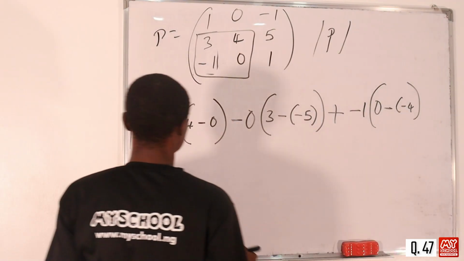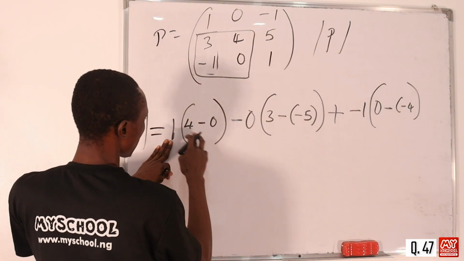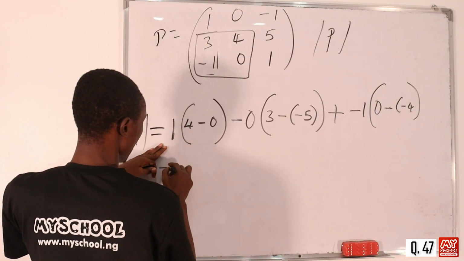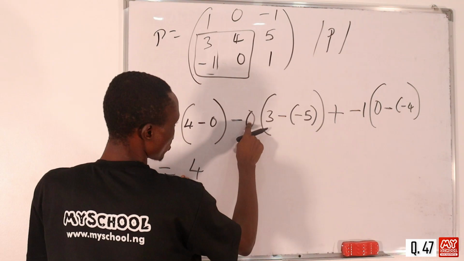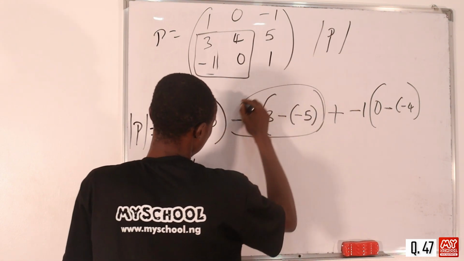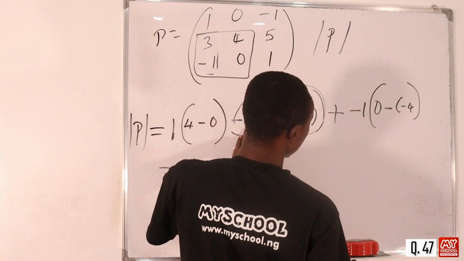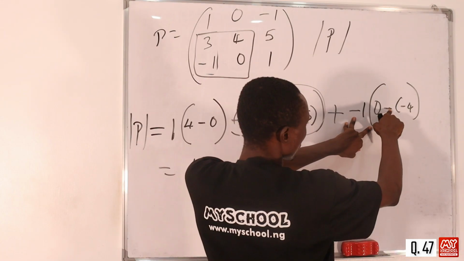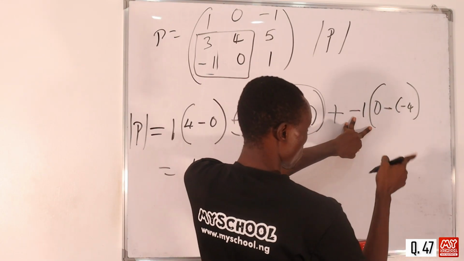Okay, so let's tidy up everything. So here we'll be having 4 minus 0 is 4, then 4 times 1 is 4, so here we'll have 4. Then this 0 is multiplying everything inside this bracket, meaning that this whole place is out. While inside the bracket, since we have minus here, minus times minus is going to give us plus.